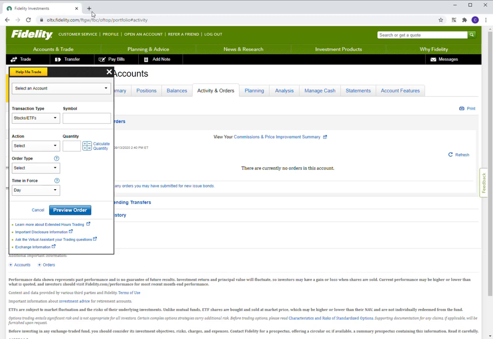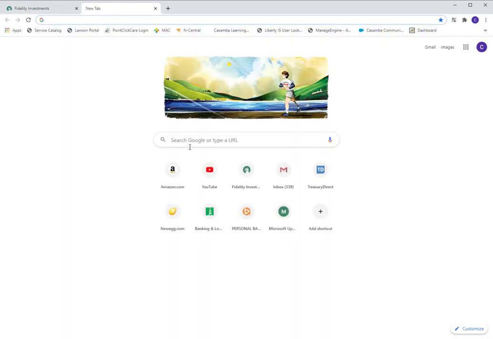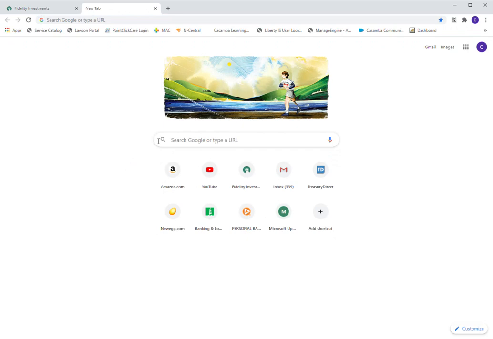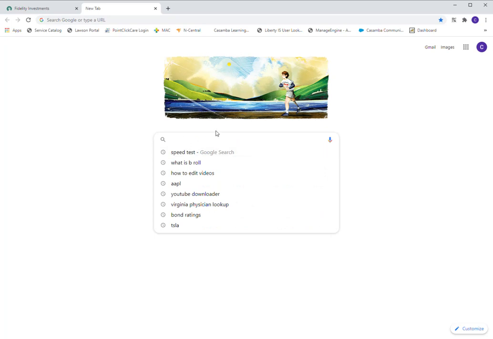So if there is a company that you are interested in, or a particular mutual fund you want to buy, it is a good idea to go ahead and search ahead of time if you don't know what that ticker is. So let's say you want to buy some Apple stock.